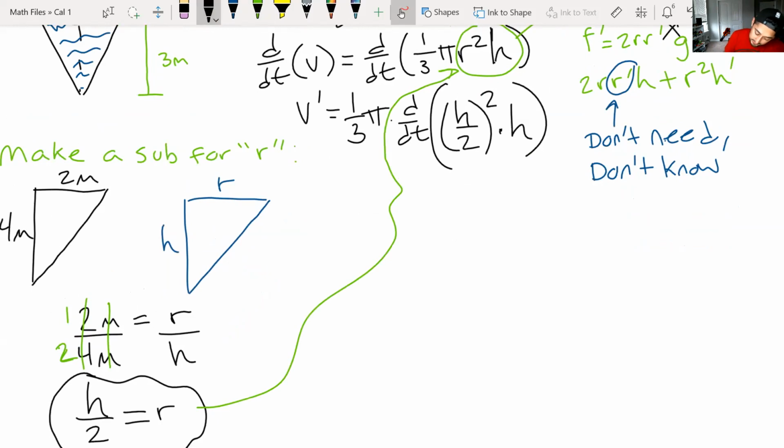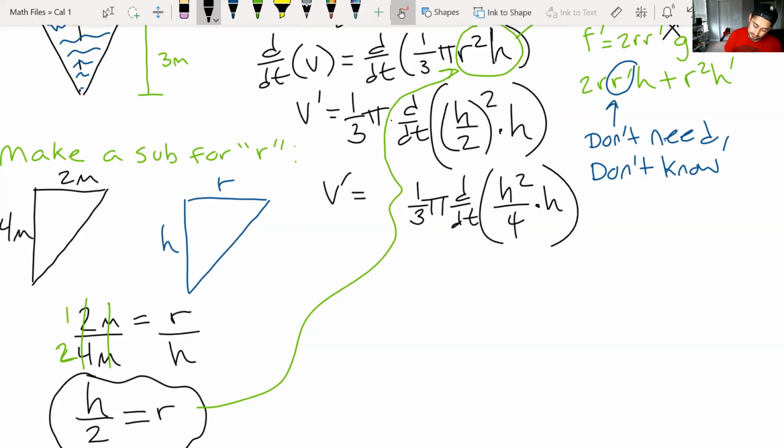Okay, so let's keep going. This is still v prime equals 1/3 pi, and we're not ready to take the derivative just yet. We still have some cleanup to do: d over dt of now h squared over 4 times h. I can take out the 1/4.